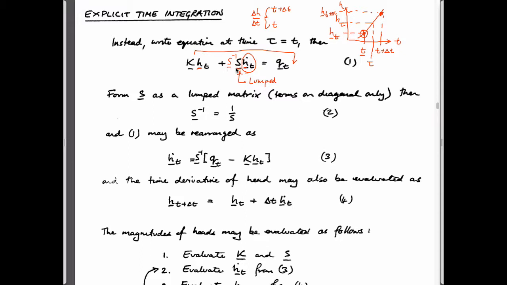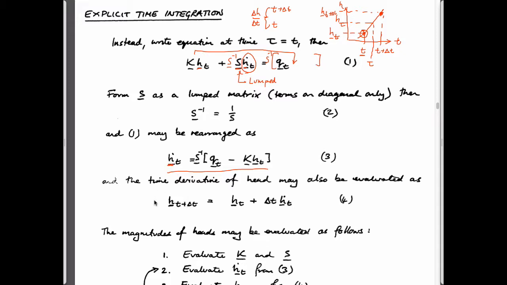Then you get exactly this relationship here. So this is just a rearrangement of that. It's only possible to do it easily if this is a diagonal matrix, because the inverse of it is trivial.